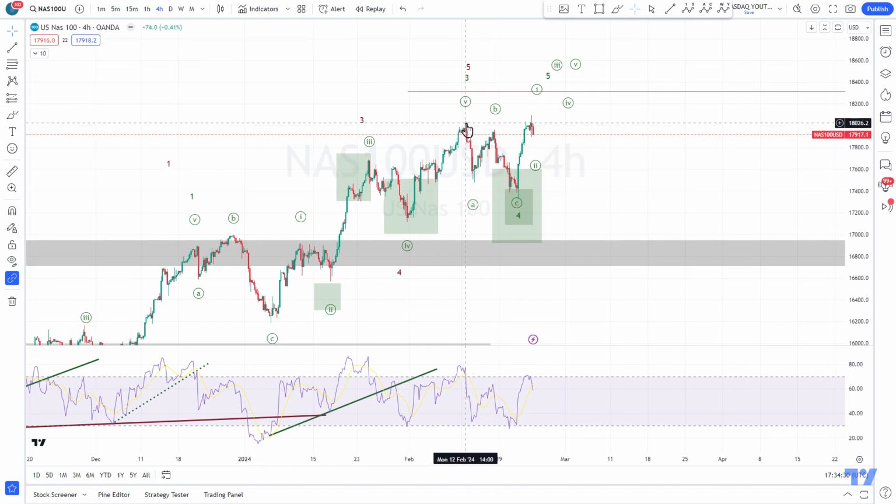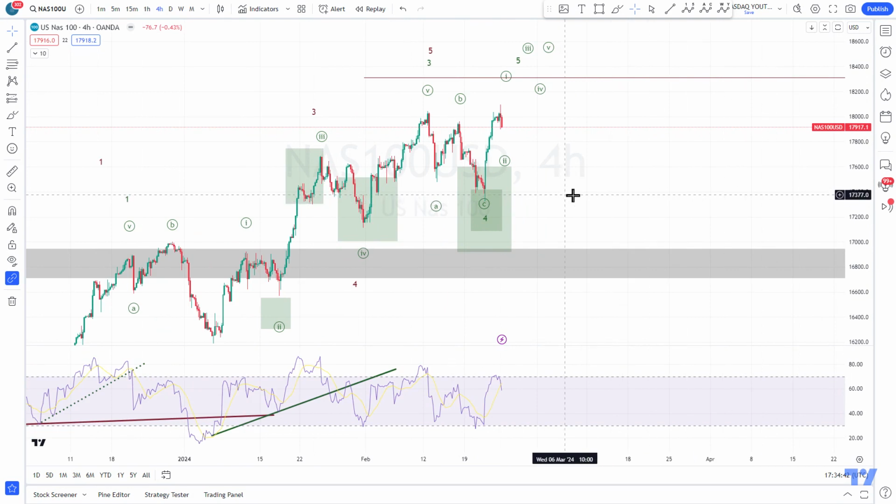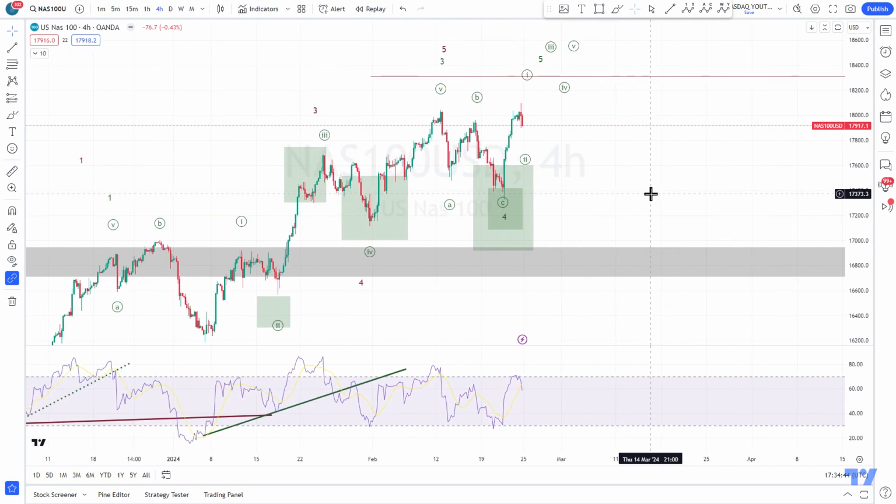But then I said that we had to look for a probably wave 4 correction. So for instance, an ABC structure, and this is what we got. So here we have our wave 4 area.